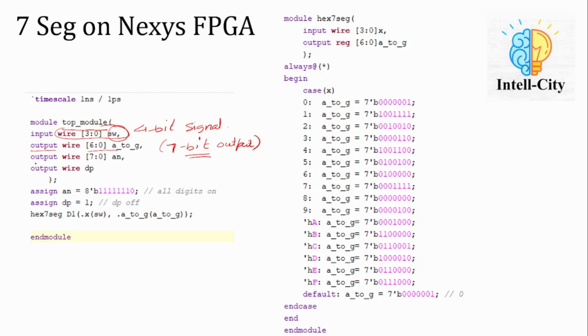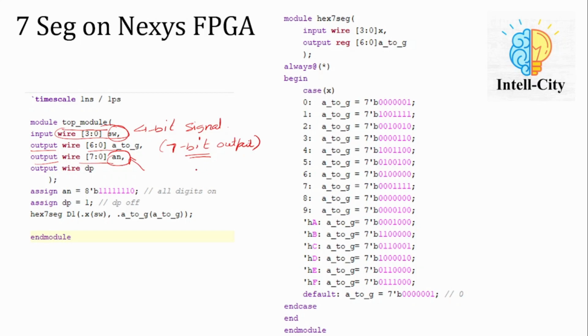Okay, the next output is the enable, that is the common anode enable based operation. We have 8 digits, as I have mentioned, so we have an 8-bit signal which is AN. In this example we will disable 7 digits, and we will just enable one of the digits, the first 7 segment digit.